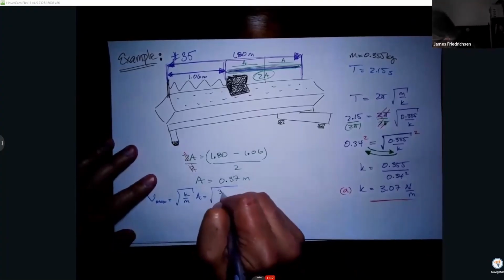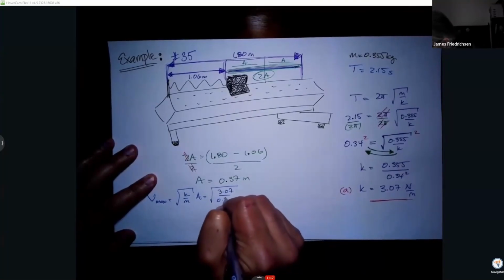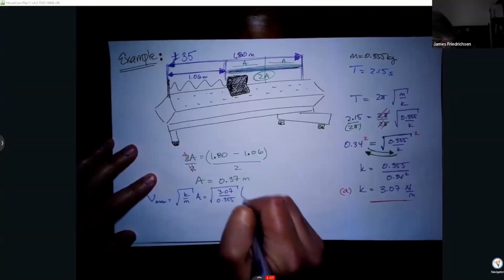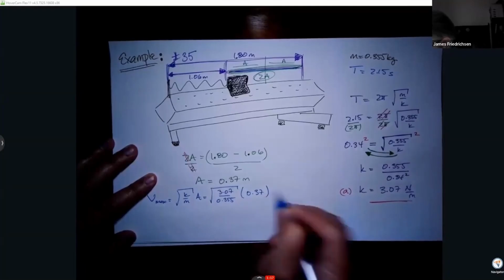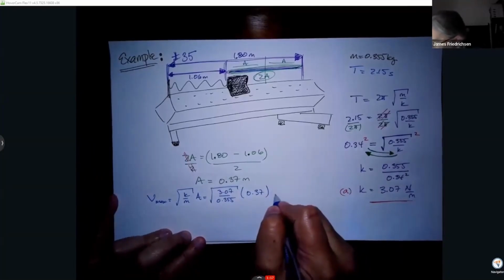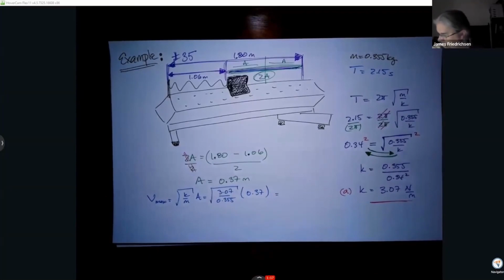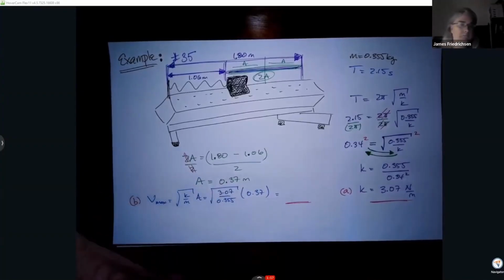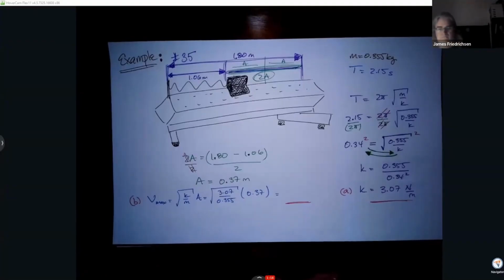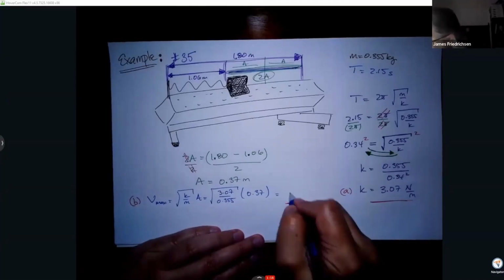Our k is 3.07, the mass is 0.355, and the amplitude is 0.37 meters.